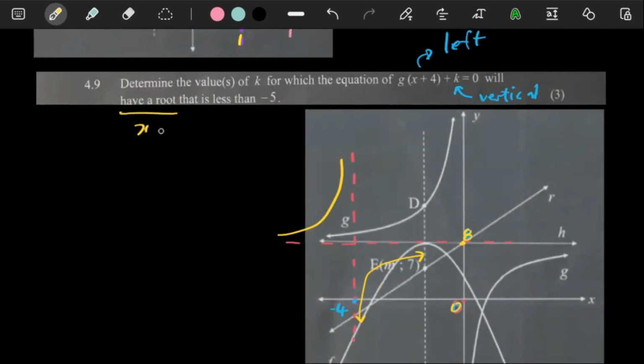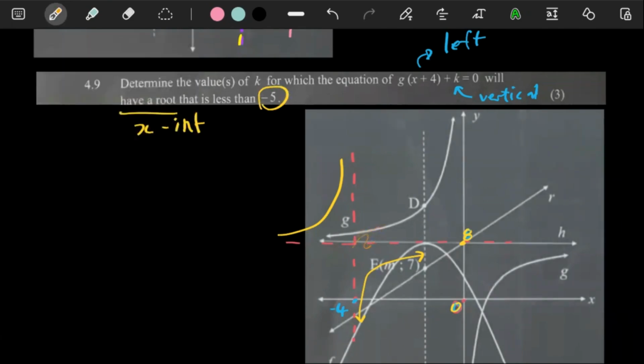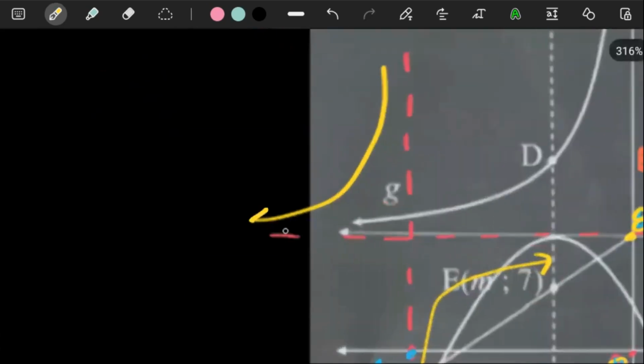A root is an x-intercept. So they're asking how many units downwards you need to move it for it to have an x-intercept that is less than negative 5. So the idea is, if you look at your image logically, firstly, this curve, we know that it stretches all the way to negative infinity.